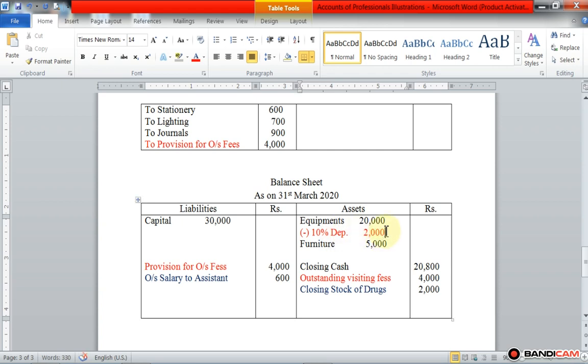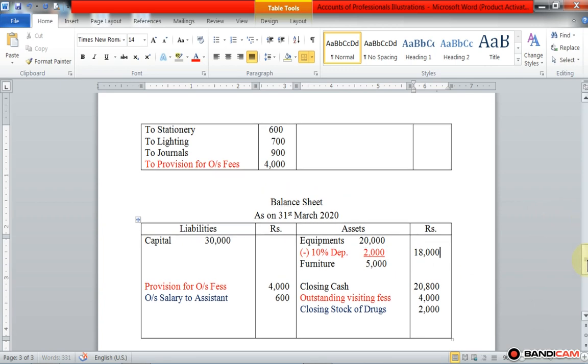So deduct this 2000 from 20,000. Here we get 18,000, the actual amount of equipment. So here we give the one effect, that is deducted from the equipments.